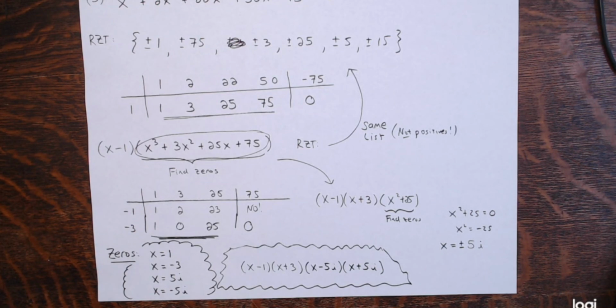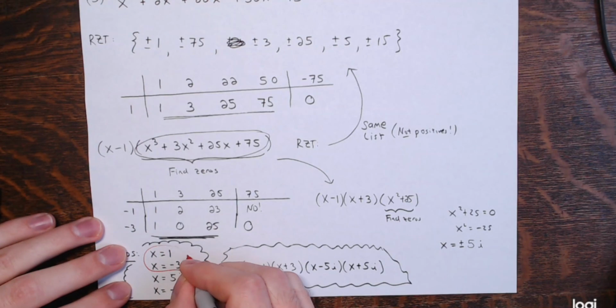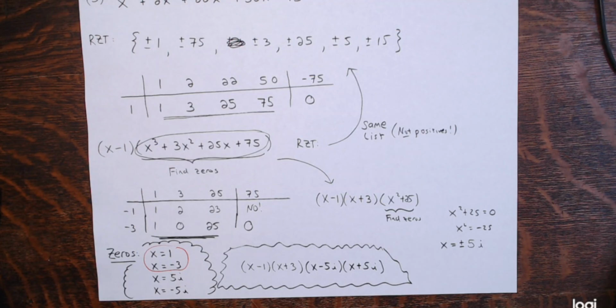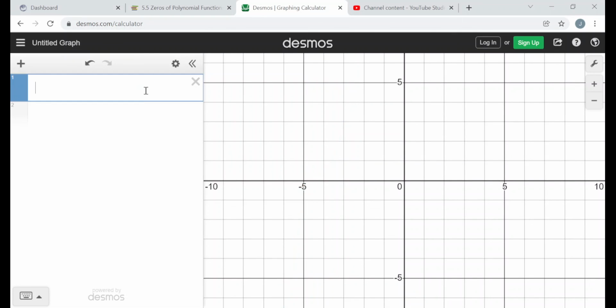Right, and also just to double check, notice how there are 2 real number solutions here, 1 and negative 3. So the graph of this function should have those as x-intercepts. And then the other 2 intercepts have an imaginary number in them, so you're not going to see those on a graph, because the x-axis is, again, a real number line.